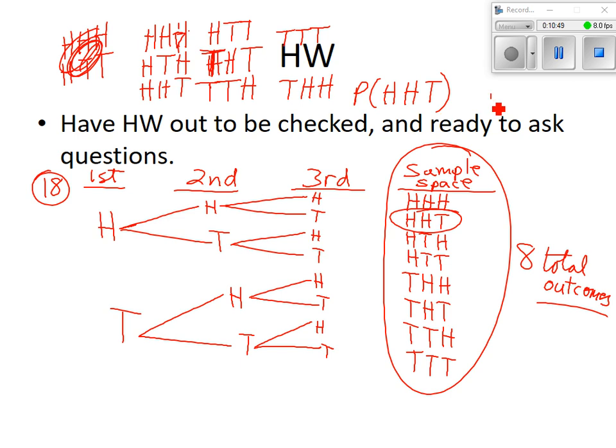I could say that maybe I wanted the probability that I got 2 heads. Well, this one has 2 heads, so does that one, so does this one. So there's 3 of those. That wouldn't be a simple event because you got 3 different things that could happen. Does that make sense? Other questions?